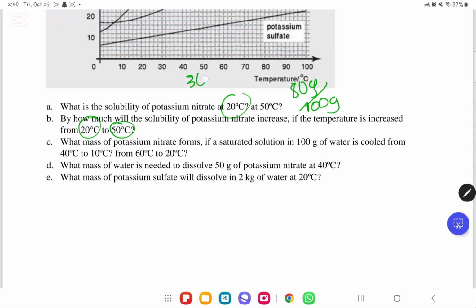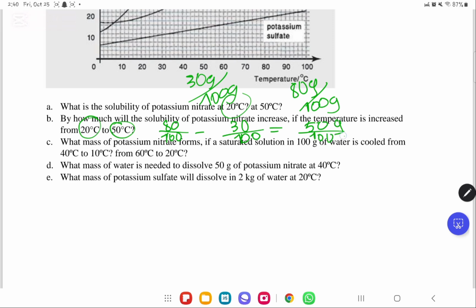This one was 30 gram per 100 gram. So we're going to do the solubility of the final temperature, 80 over 100, minus the solubility of the initial temperature, 30 over 100. If you subtract, you can do it on your calculator, it becomes 50 over 100.